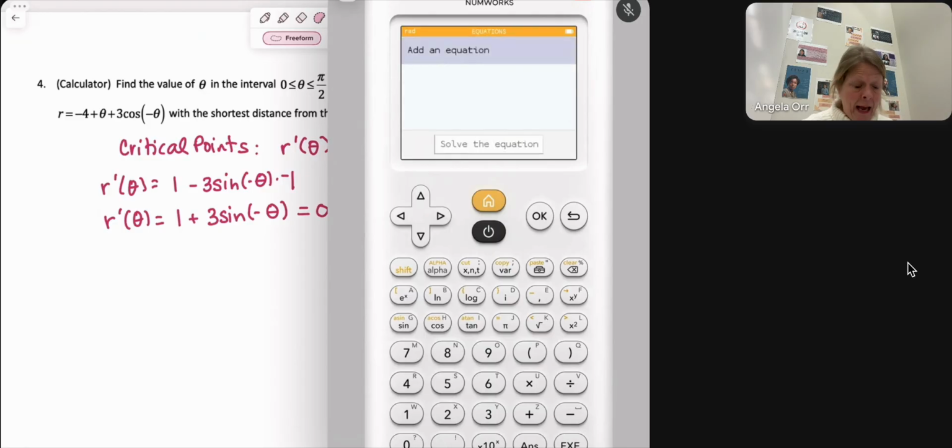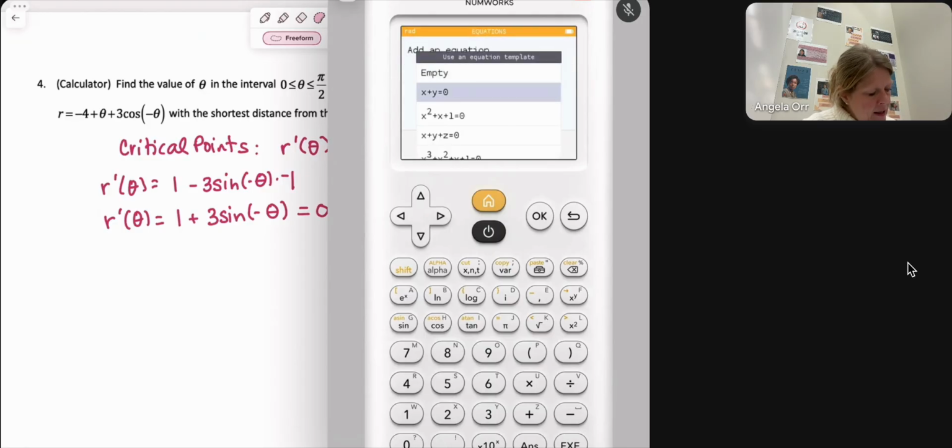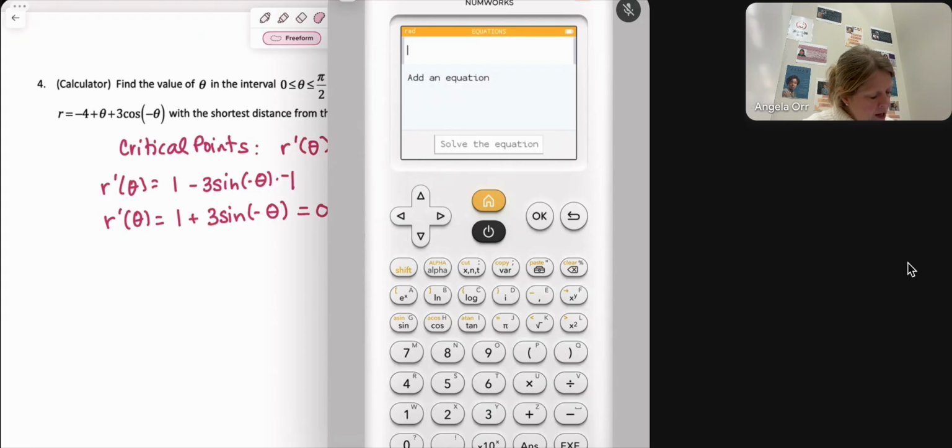I'm going to hit OK, and this time I'll add an empty equation, and I'm going to go to the VAR key, and I'm going to grab R1, which is stored in the grapher's memory, and I'm going to select theta by hitting the X, N, T button; if you cycle through, you get X, N, T, then theta.